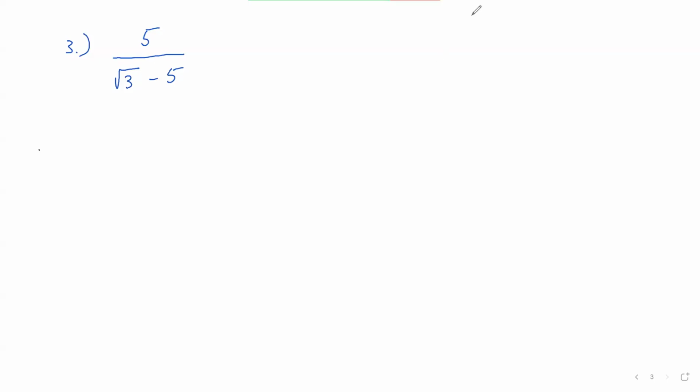I'm going to randomly bring this one up. This was your last question, right? And I asked you to type that in the calculator, and you got 7. Here's why you got 7. These binomials are exactly the same. The only difference is you have a minus and a plus.